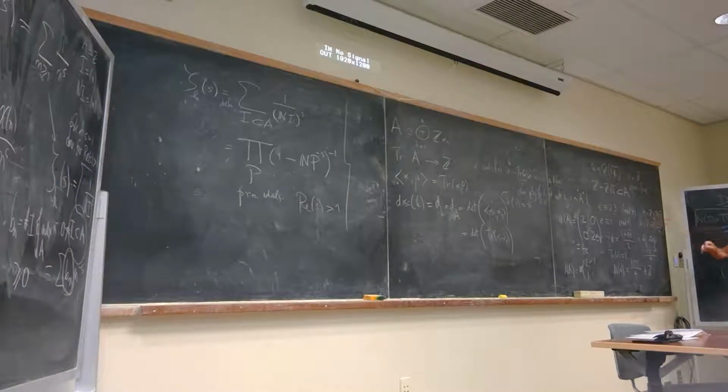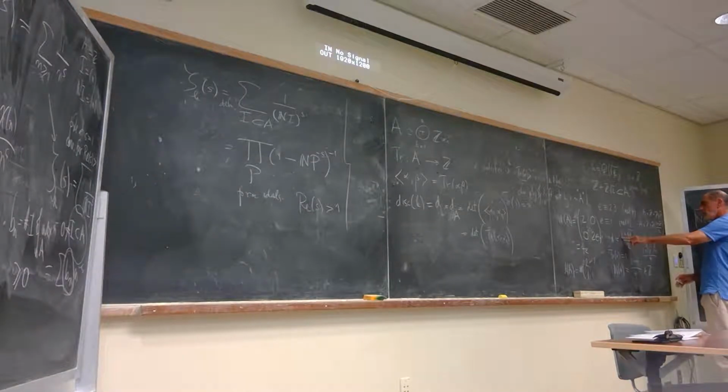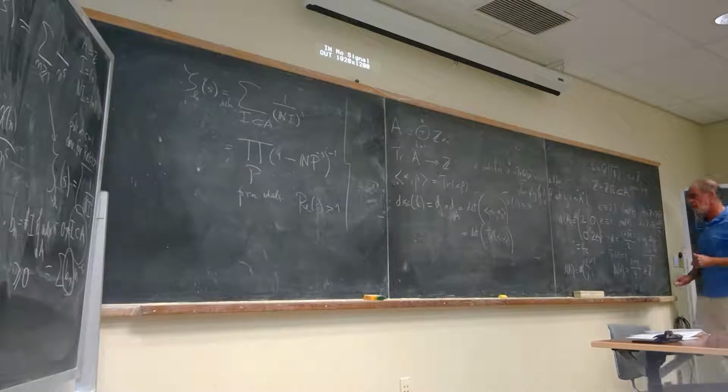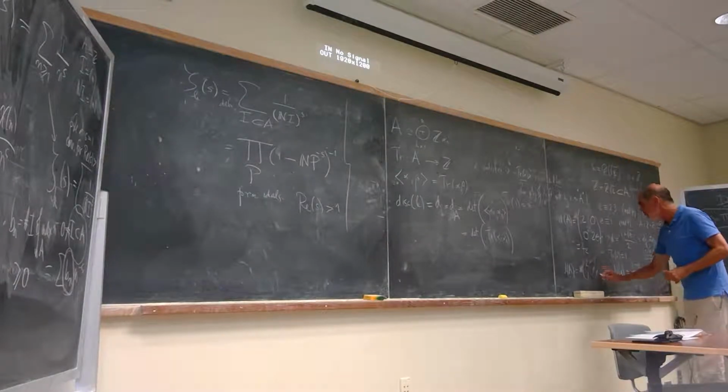Yeah, e is 1 mod 4, so that's okay. I'm a little confused here. The norm is this. This thing squared still has to be an algebraic integer: 1 plus 2 square root of e plus e over 4, plus 1 over 2. Let's try it.